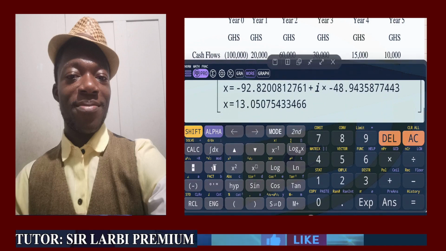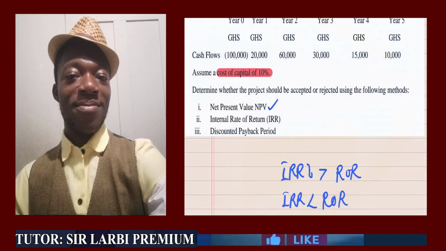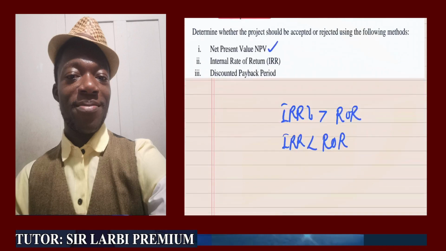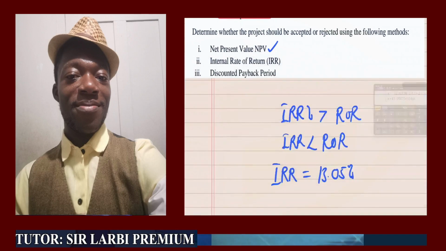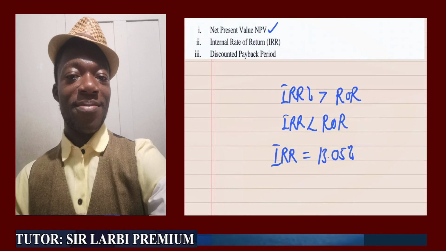So that means that our internal rate of return for this project is equal to 13.05%. This means that this project must be accepted, since the internal rate of return is greater than the cost of capital, or the hurdle rate, of 10%. So we'll accept this project.